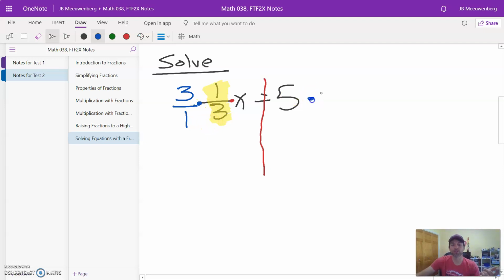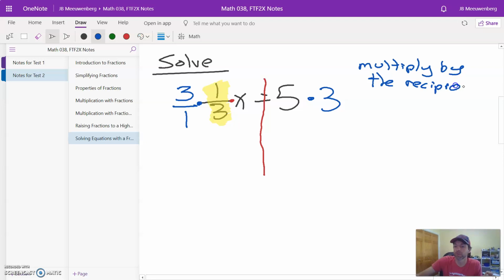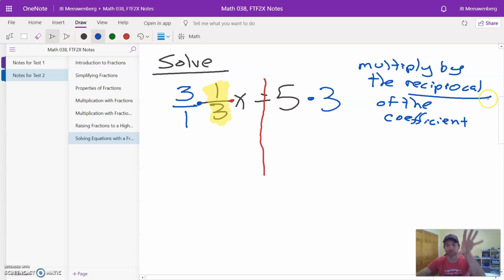What we're doing is we're multiplying both sides of the equation by the reciprocal of the coefficient. Multiply by the reciprocal. That is, when you take the fraction and you invert it, change the position of the numerators and denominators, multiply by the reciprocal of the coefficient. That means the number that's attached in front of the x.